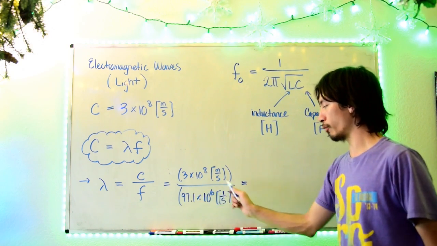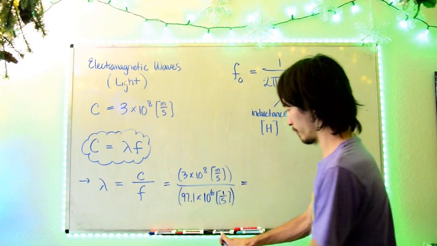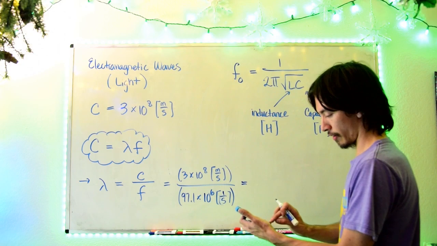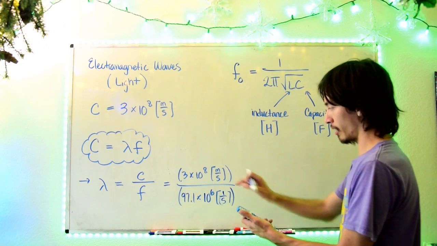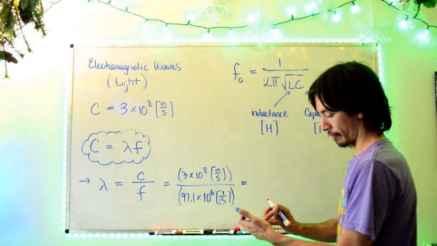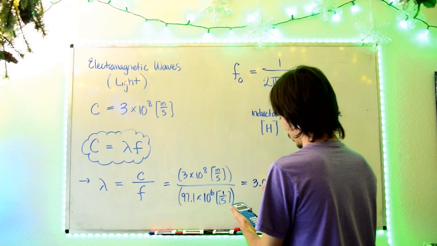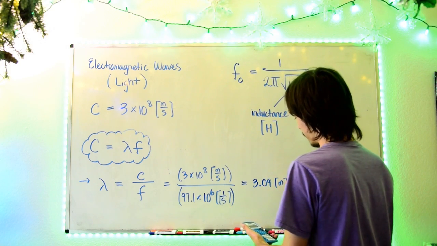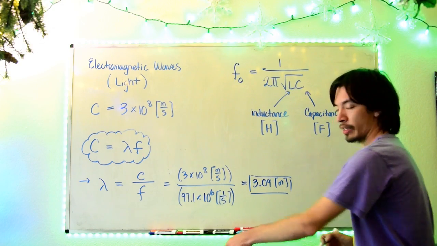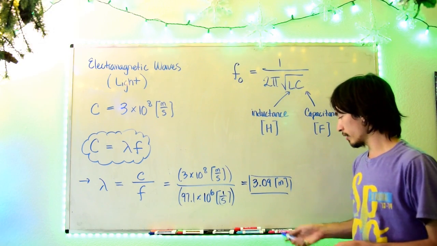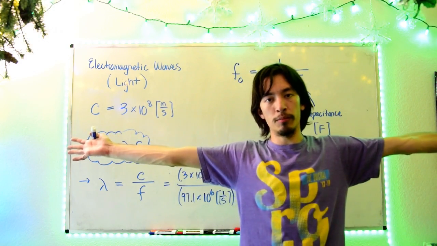So that's 97.1 times 10 to the 6th on the bottom, and the speed of light on top. And we get 3.09 meters.